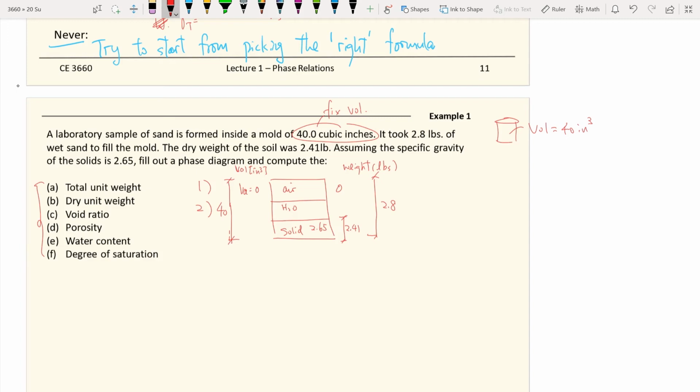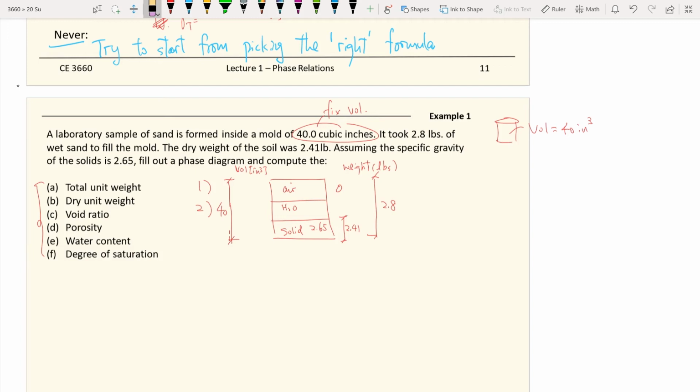In this case, they did not tell you the sample is fully saturated. So you cannot do it because there is no saturation information, which means you need to find it instead of assuming it equals 0.